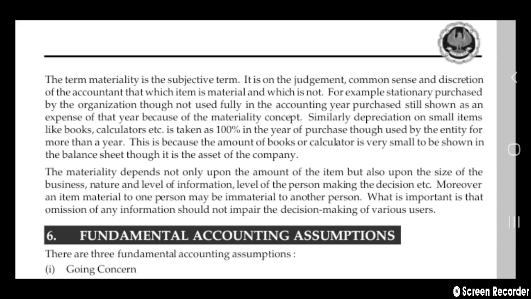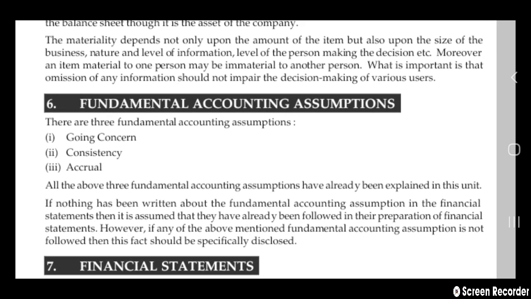This is because the amount of books or calculators is very small to show. It cannot be shown in the balance sheet, though it is an asset of the company.